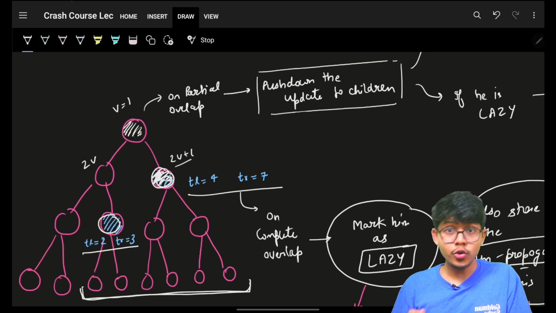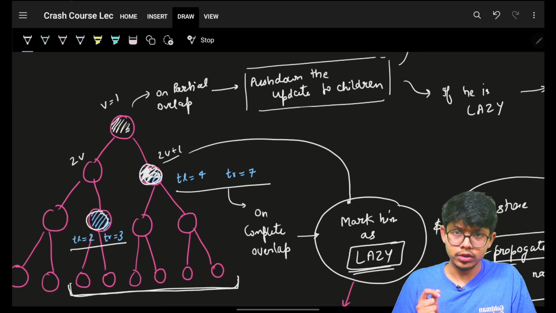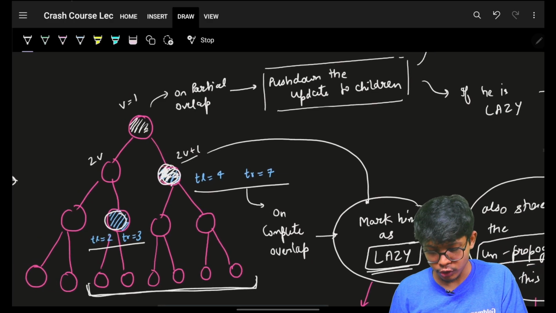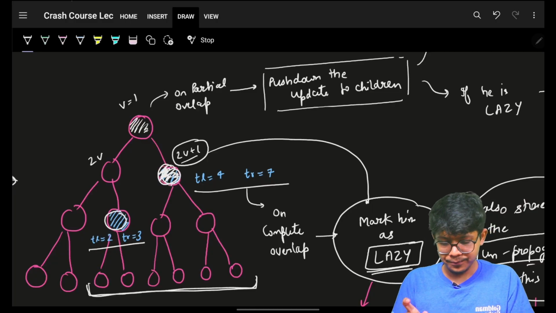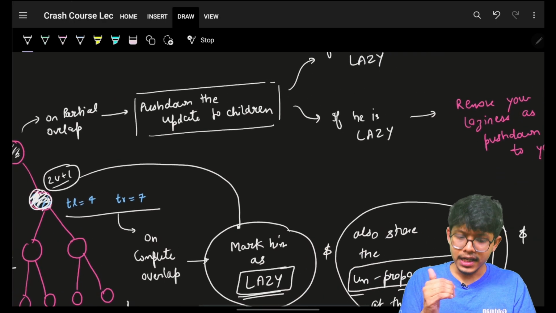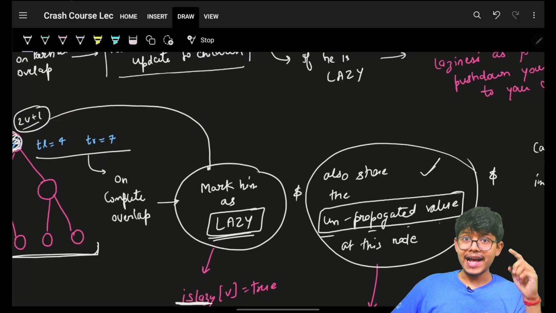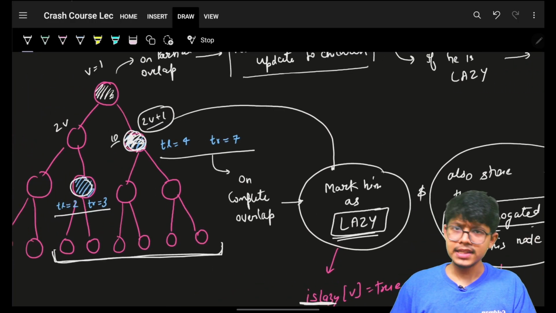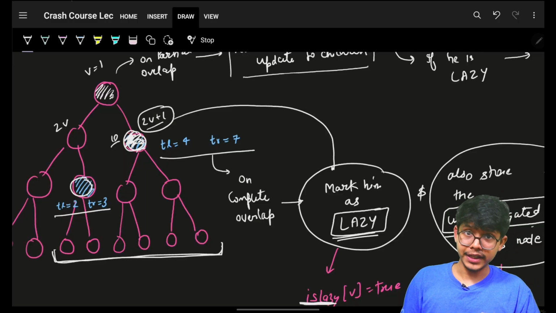So this node is 2 into v plus 1. That node is a lazy node. So I will take a vector of the same size 4n, because I have to store for every node whether it is lazy or not. If that node is lazy, and what value it stores as the unpropagated value, it will store a value of 10, saying, bro, I'm lazy, I'm storing an unpropagated value of 10 with me.